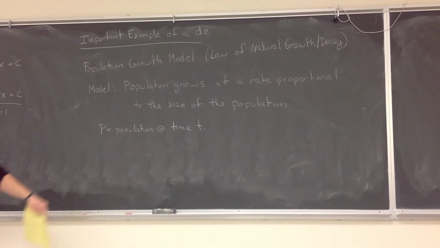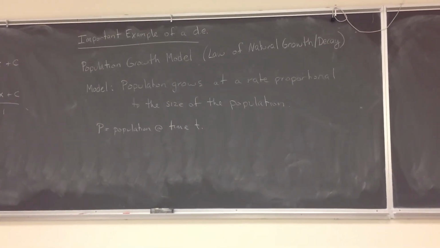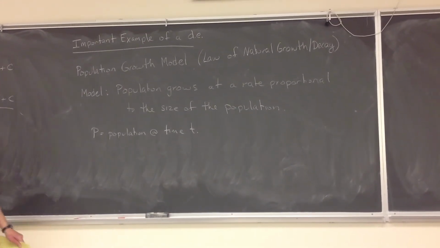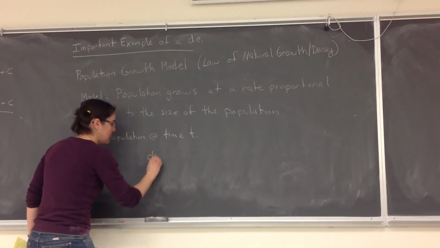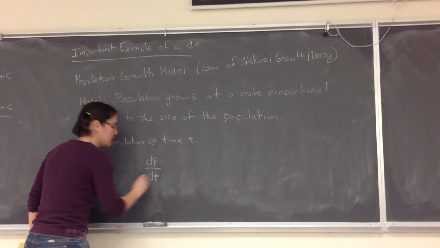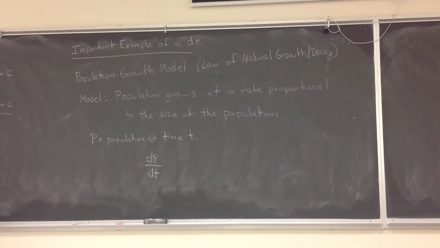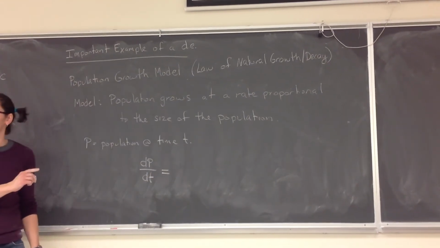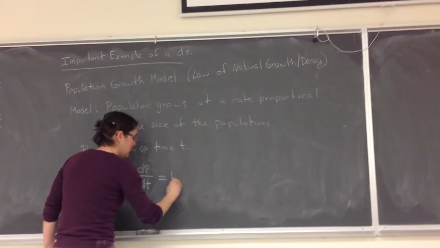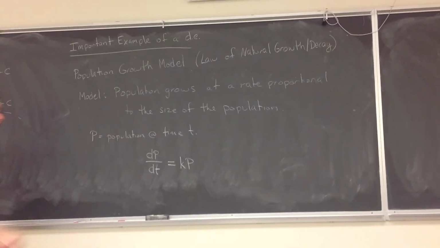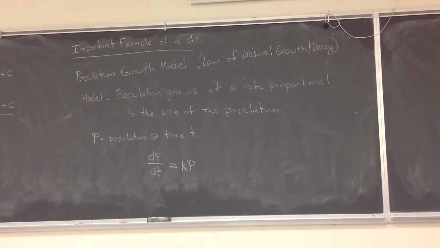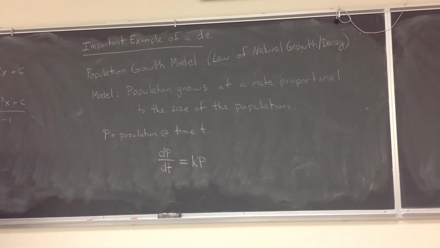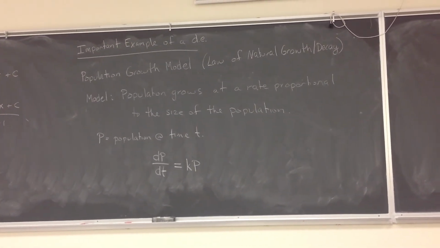And the words that are describing the model up here, the population grows at a rate proportional to the size of the population, says that our growth rate, that's dP over dt, how does the population change with respect to time, is proportional to, so is equal to, some constant times the population. So our model in words can be interpreted into dP over dt is equal to k times P.